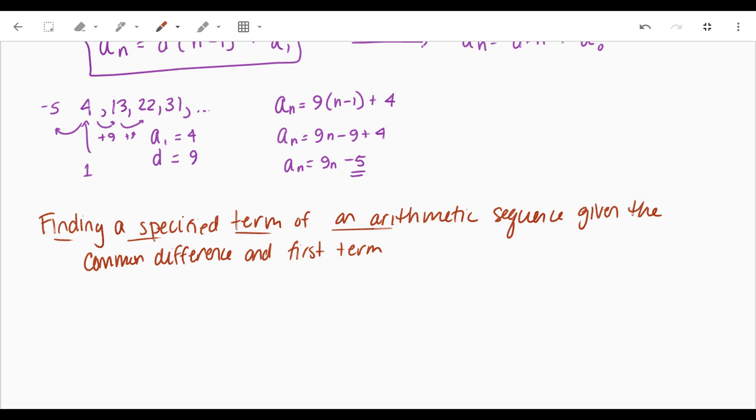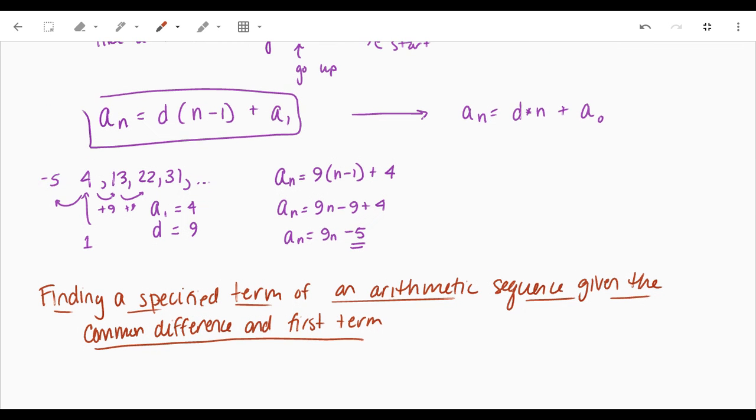Okay, so same as before, if not easier. They give you the two things that you need to actually make the formula. So you don't even need to figure them out like we did up here. They just give them to us.